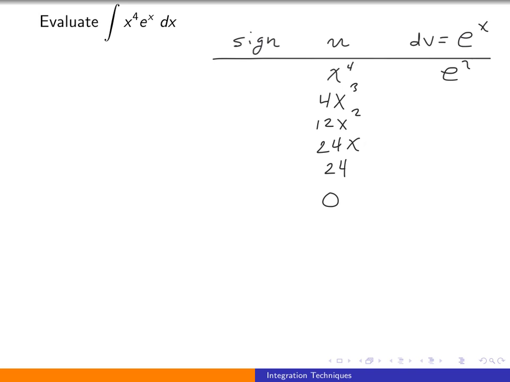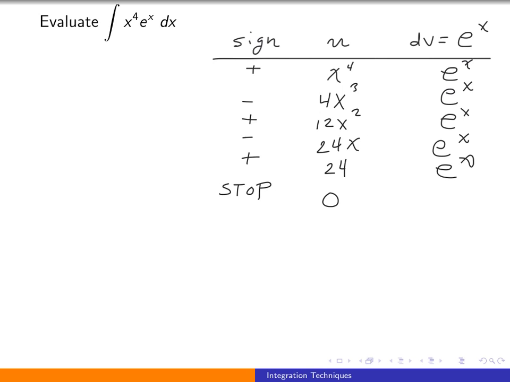So the antiderivative is e to the x, e to the x, e to the x, e to the x, e to the x. And then in the sign column, we alternate with a plus, minus, plus, minus, plus, and when we get to the 0 in the u column, we stop.